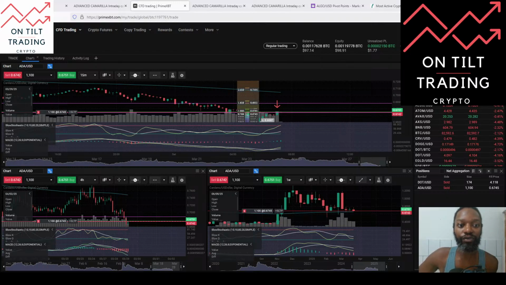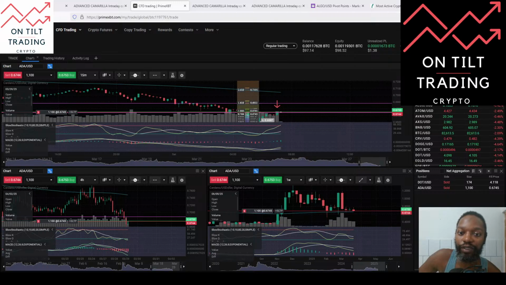So I have 2 out of 3, and I have the 15 and the 4 hour, which, from my experience, are going to lead any larger time frames if the move is happening first on a smaller time frame.